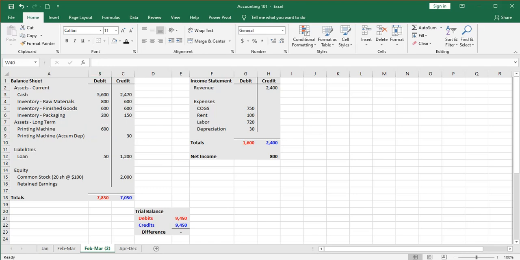Next, we need to make 2 loan payments in February and March for $100 total. So I'll just enter that as a $100 debit. And we will take $100 out of our bank account with a credit. Last but not least, we have to pay Mom 2 months worth of rent.